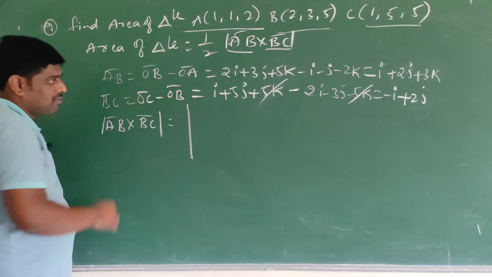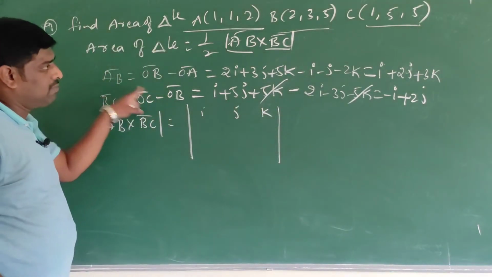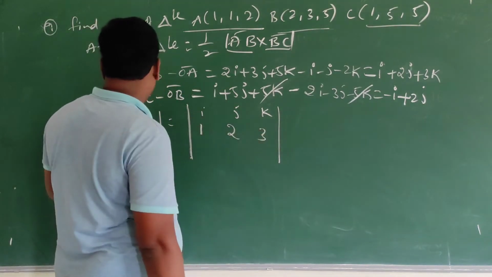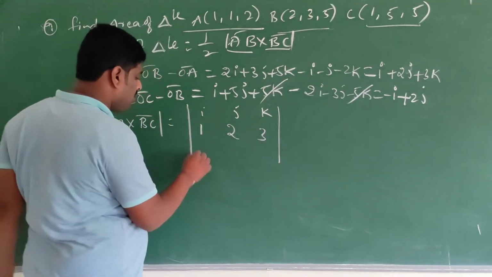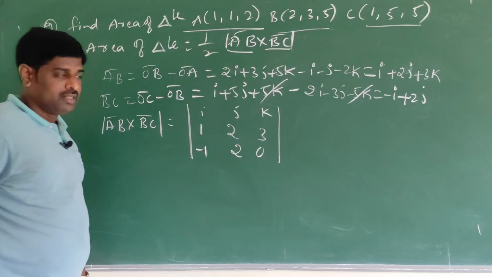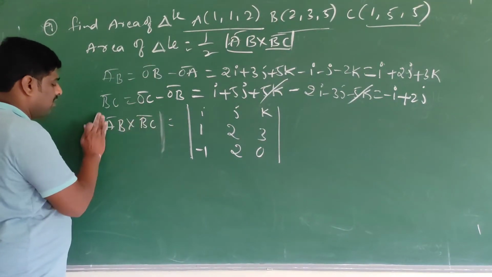That is the determinant of I, J, K. What are the AB bar coefficients? 1, 2, 3. What are the BC bar coefficients? Minus 1, 2, 0. This is AB bar cross BC bar.